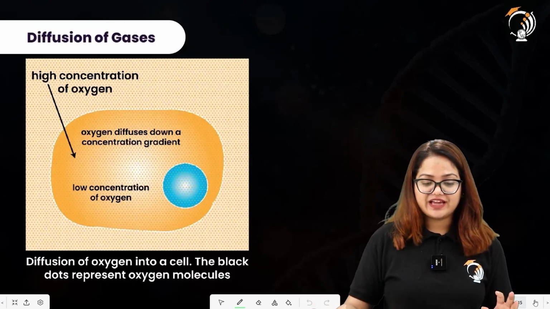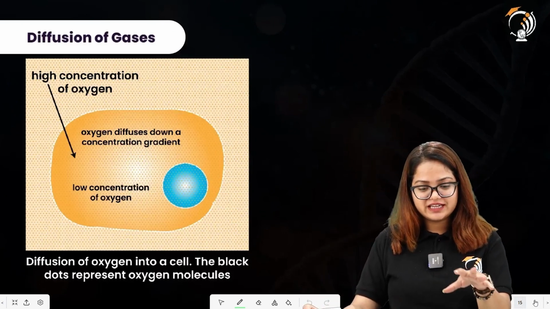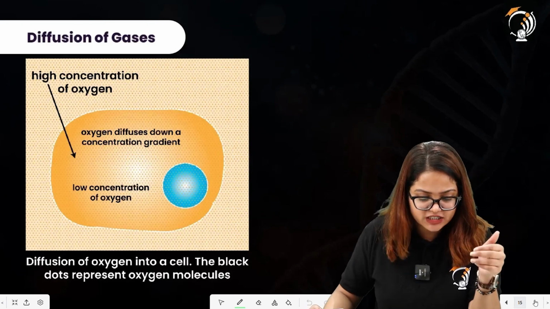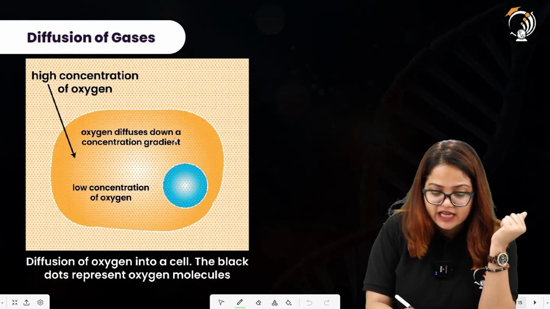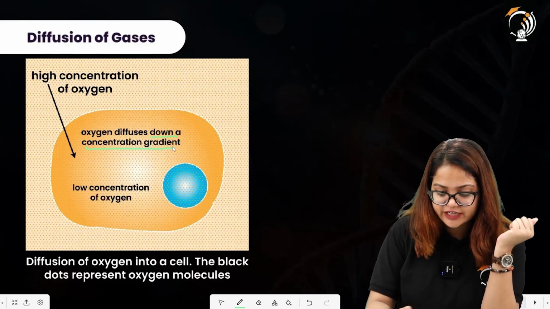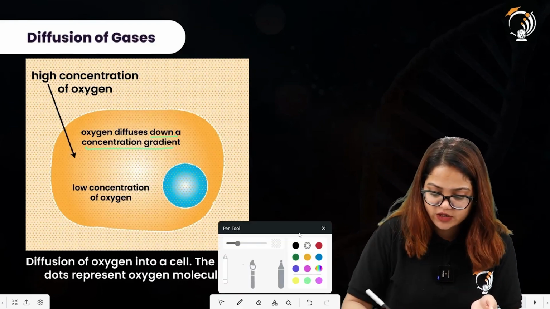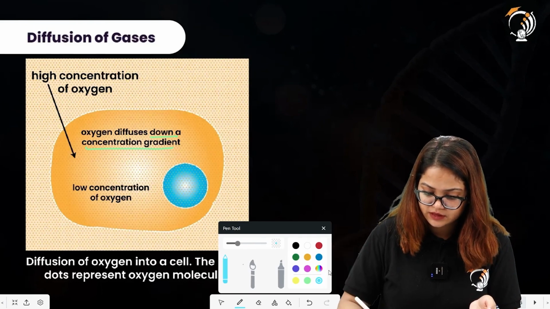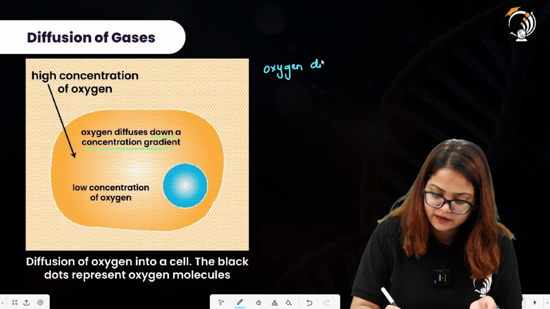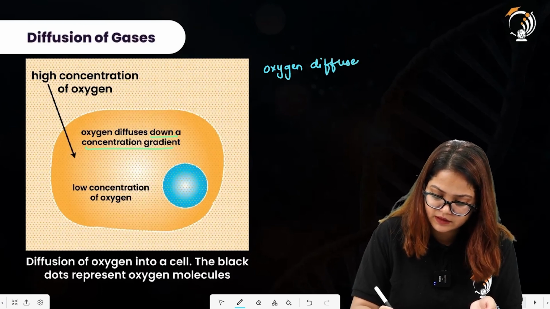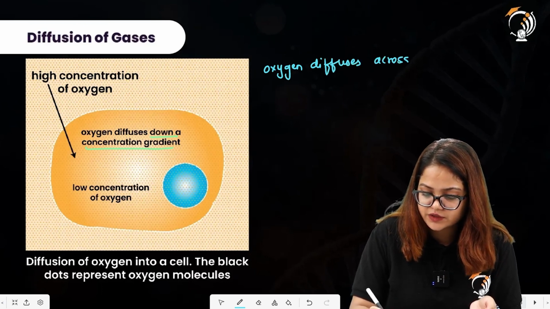Then there is diffusion of gases, and you can observe that there is a high concentration of oxygen outside the cell, and oxygen diffuses down a concentration gradient.